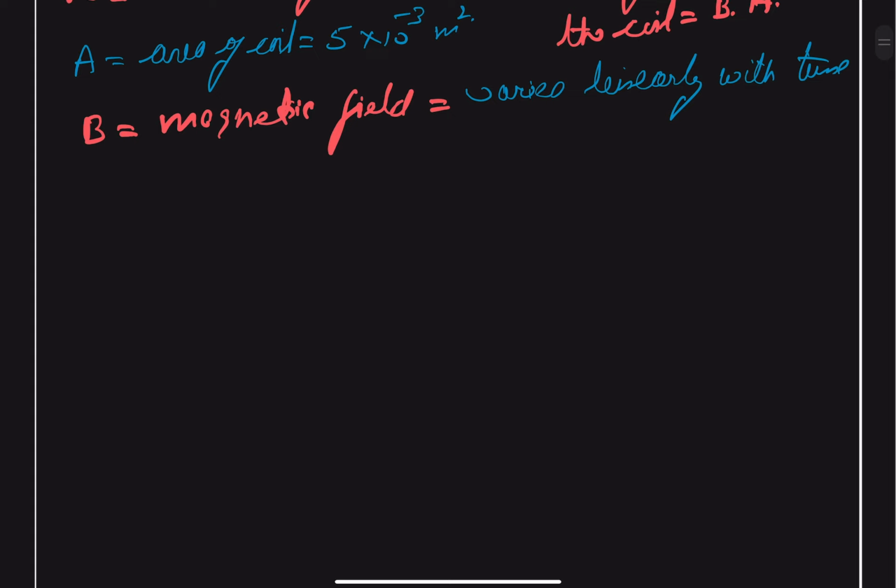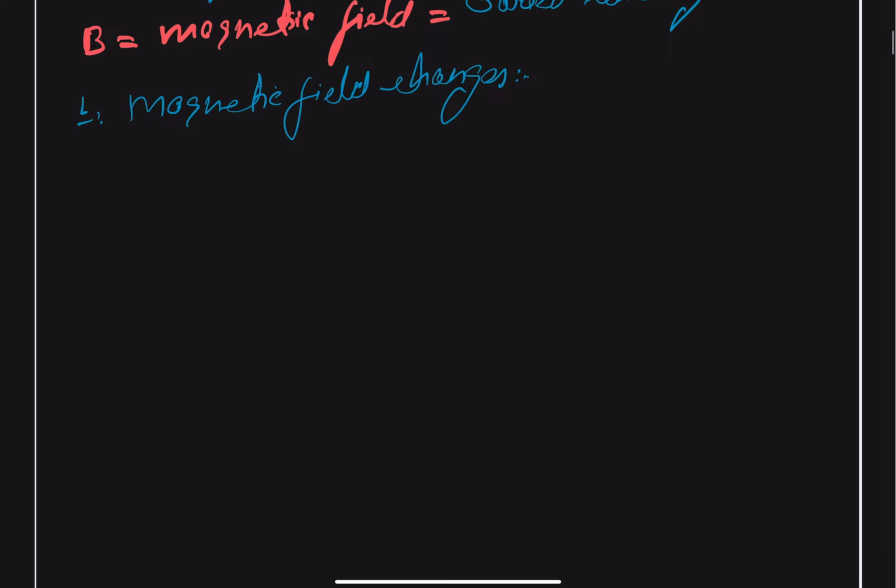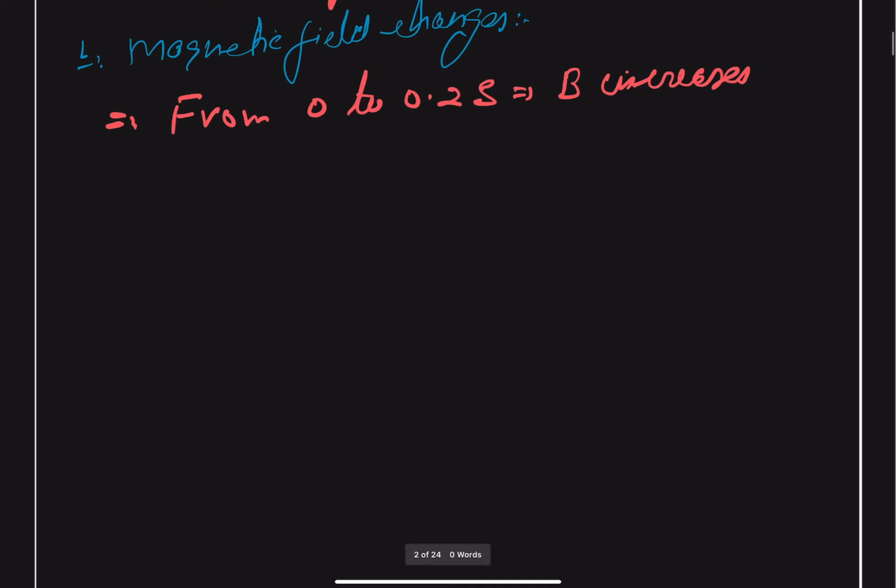So you can say that magnetic field changes in the first part from 0 to 0.2 seconds, magnetic field increases from 0 to 0.8 Tesla.